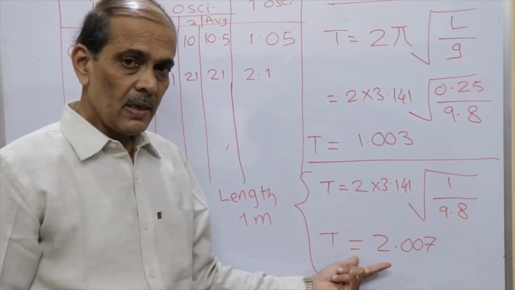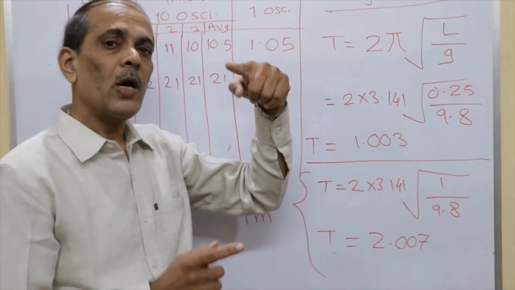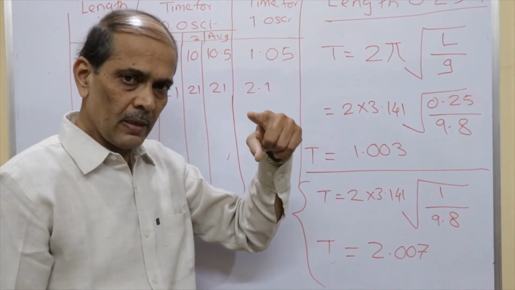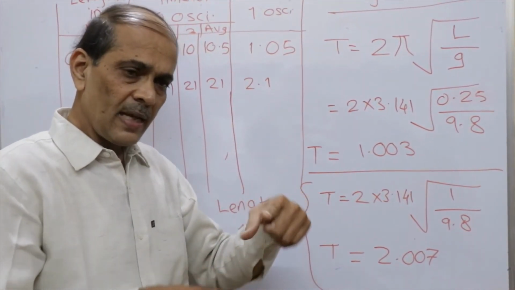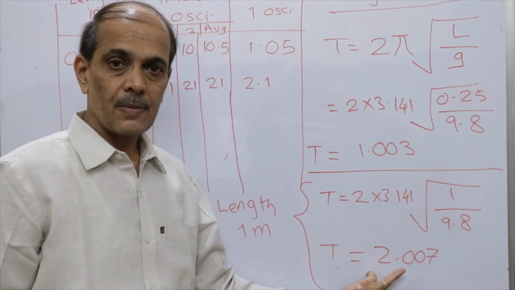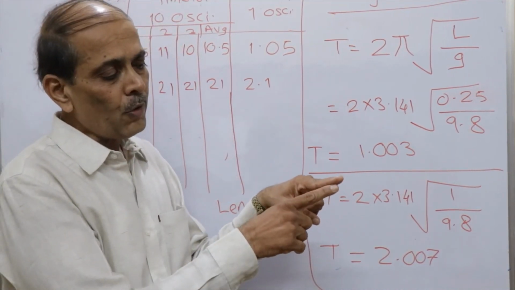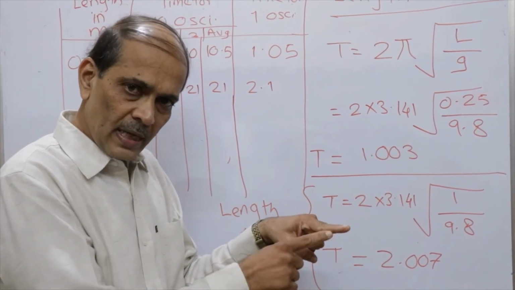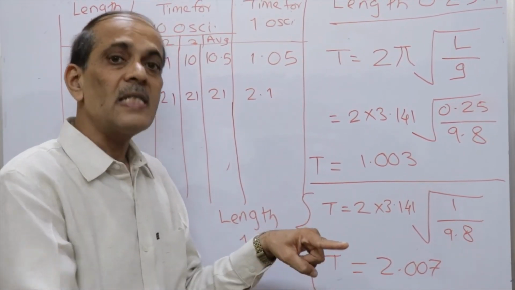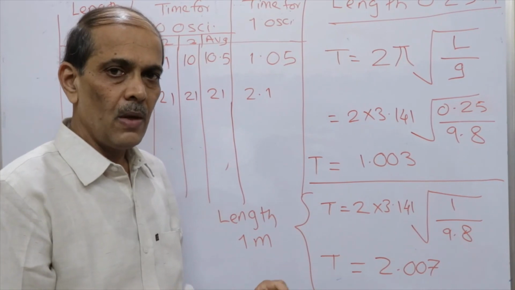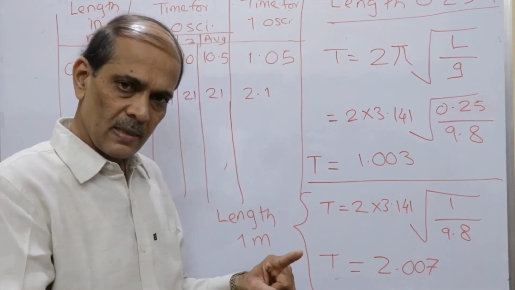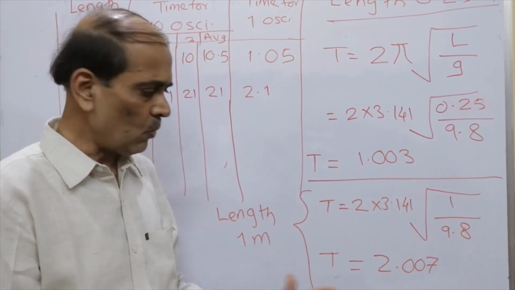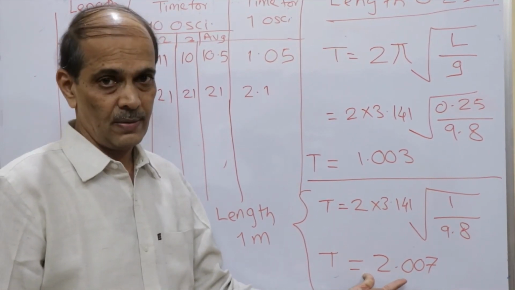That means if the length of the pendulum is exactly 1 meter, one oscillation takes 2 seconds. So the pendulum going from one end to the other end takes 1 second and 1 more second to come back. So it is called a seconds pendulum. One side is completed in 1 second, the other side in another 1 second. So 2 seconds for one oscillation.